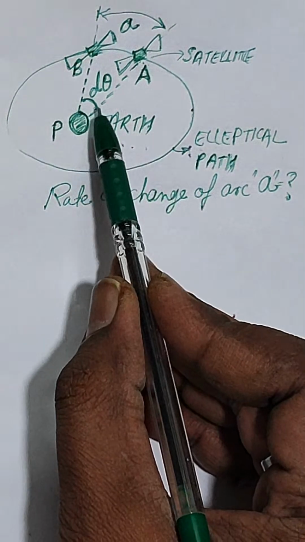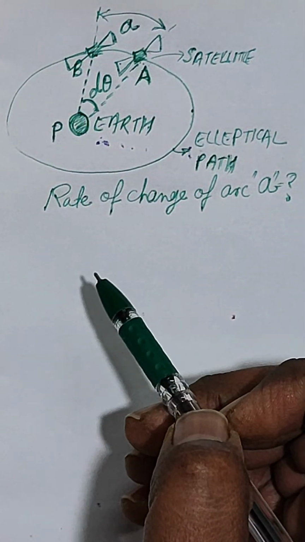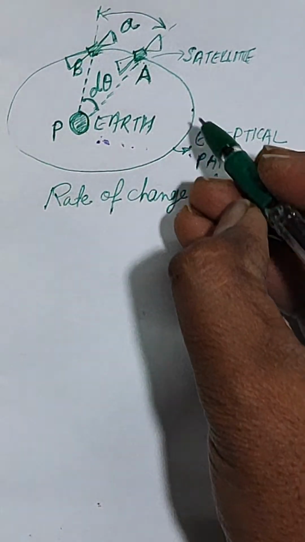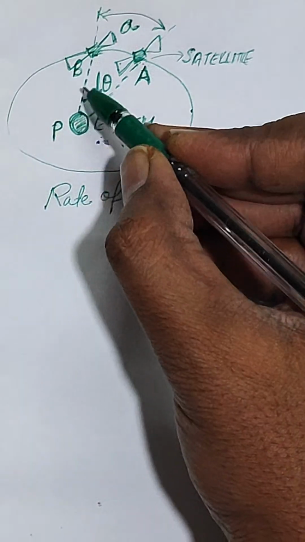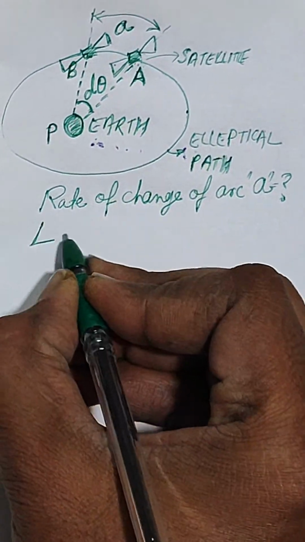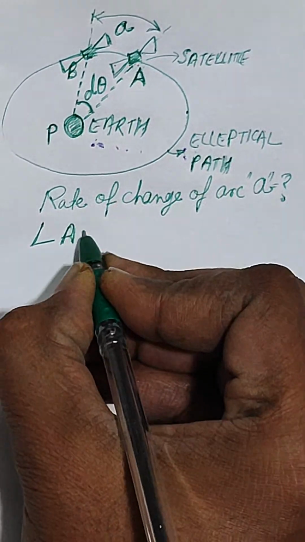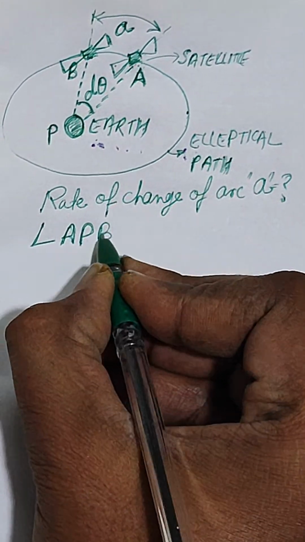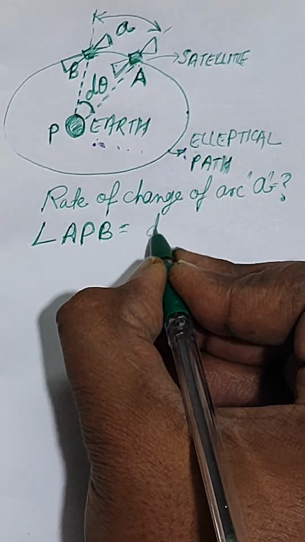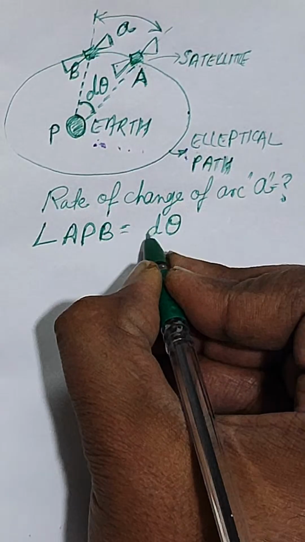This is d theta given to you. We have assumed. Then the angle APB is nothing but d theta.